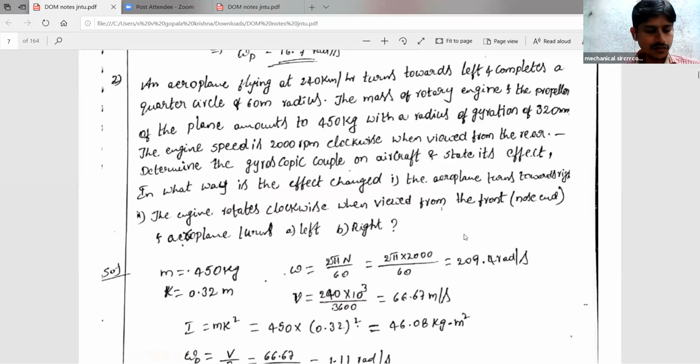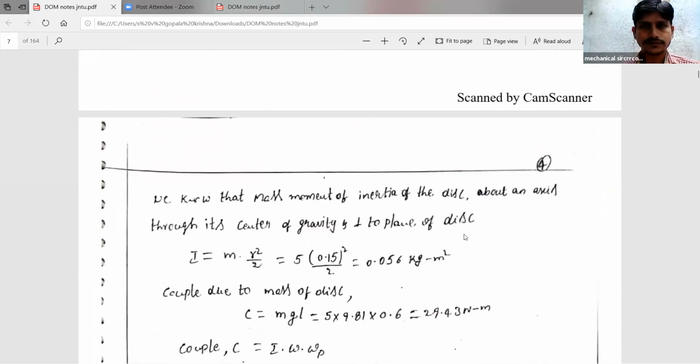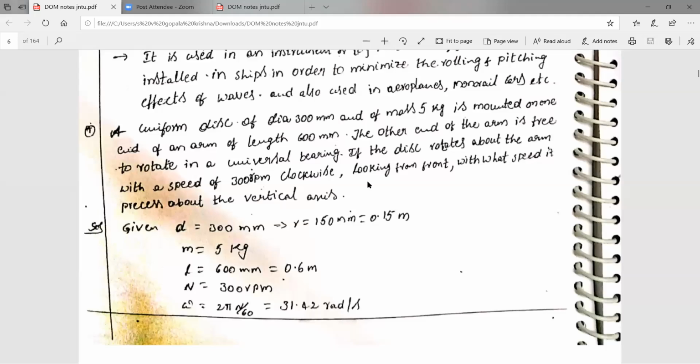Okay, now we are going to discuss another problem. A simple problem. All of you observe the screen. A uniform disc of diameter 300 mm and mass 5 kg is mounted on one end of an arm of length 600 mm.